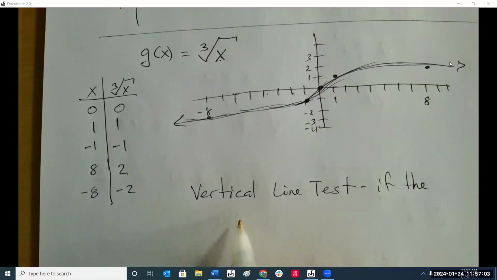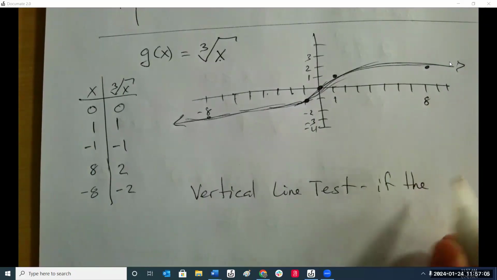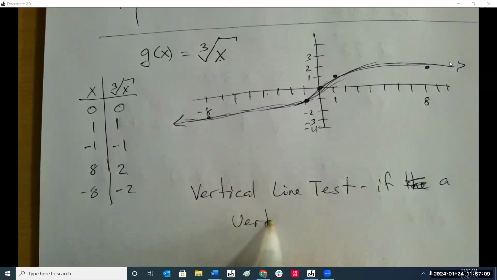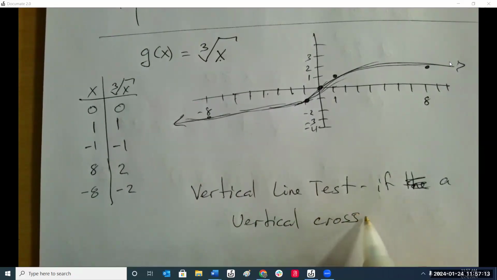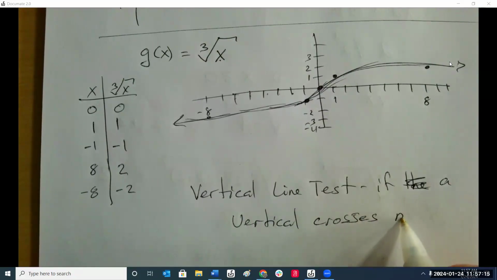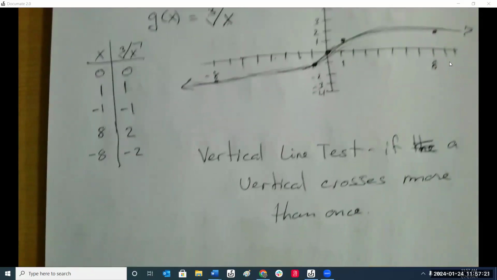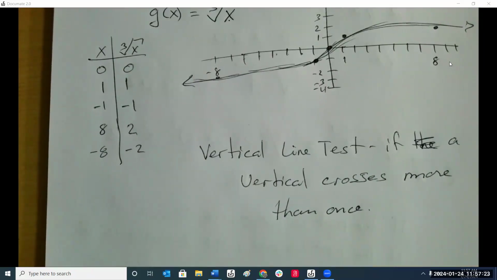Very good. If a vertical line crosses more than once. So anywhere along the graph, if a vertical line crosses it more than once, it's not a function.